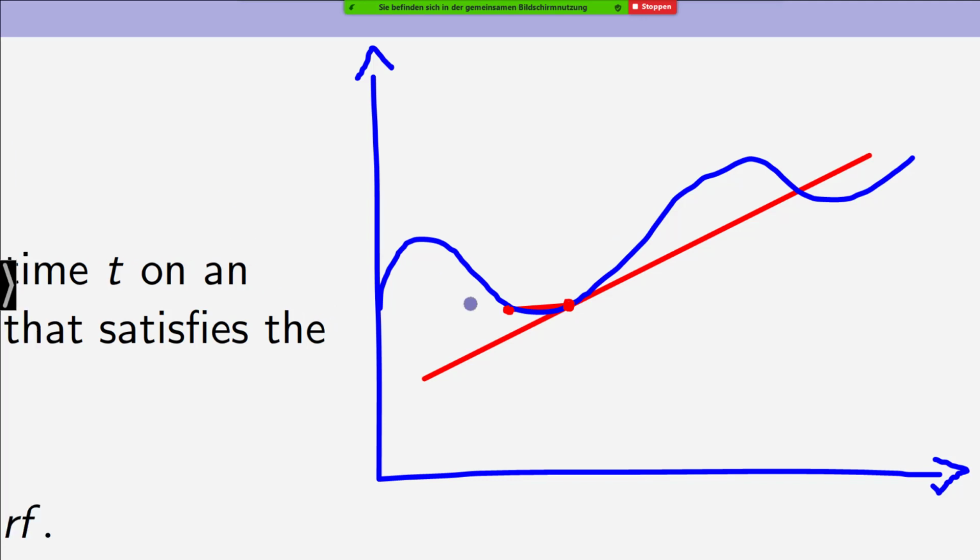You could use this point here and this point here and connect these two and use these 2 points. Or you can connect these 2 points, then obviously you add the slope of this line as an approximation. That's what we call a finite difference, basically. Instead of using the differential quotient, we use the difference quotient.